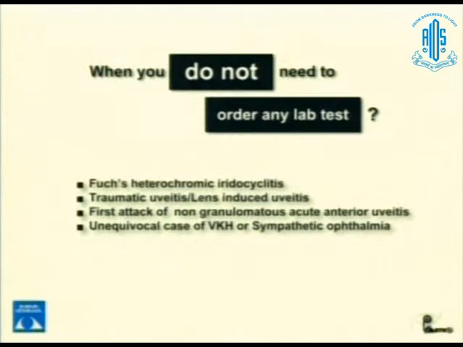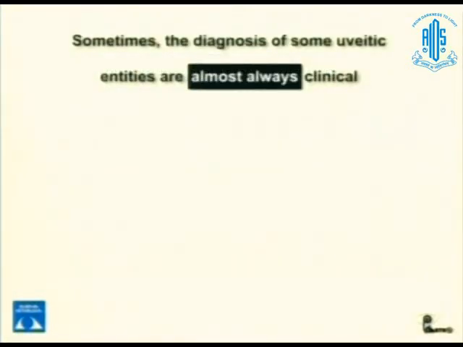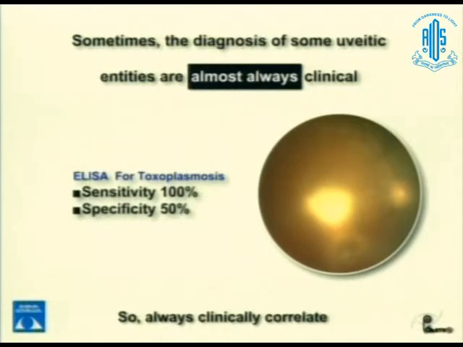There are some conditions where we don't order any test, like Fuchs heterochromic iridocyclitis, traumatic uveitis, the first attack of non-granulomatous uveitis, and unequivocal cases of leakage or sympathetic ophthalmia. No need to investigate these patients. Sometimes the diagnoses are always clinical. For example, toxoplasma: though the sensitivity is 100%, the specificity of the test is only 50%. So always try to correlate these conditions.